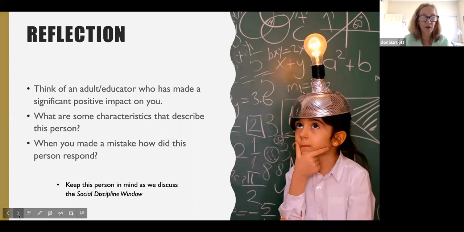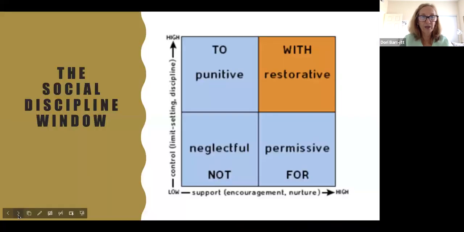It was wonderful. As we look at something, this is a really powerful framework. It's called the social discipline window, and it helps us frame where we are in our journey to becoming a restorative educator. So I'm going to quickly walk us through it, but keep in mind your educator.